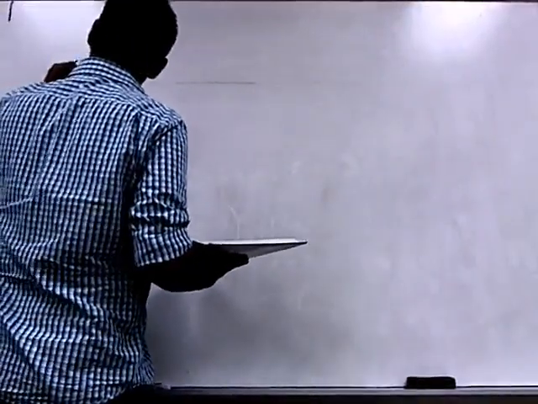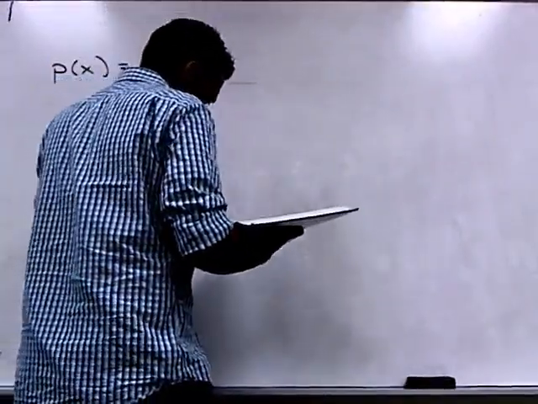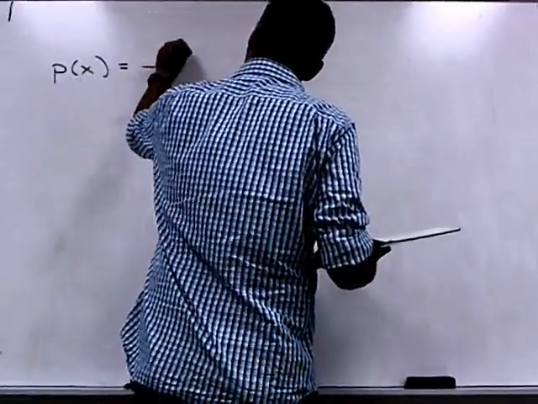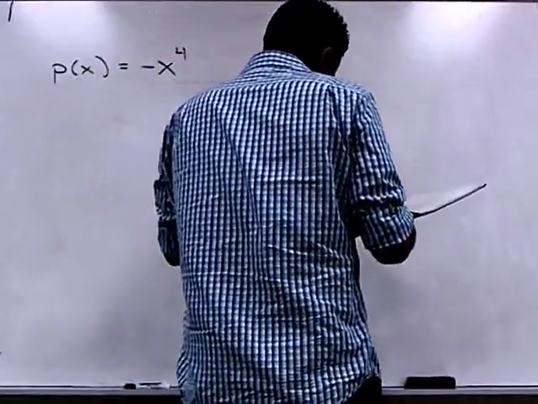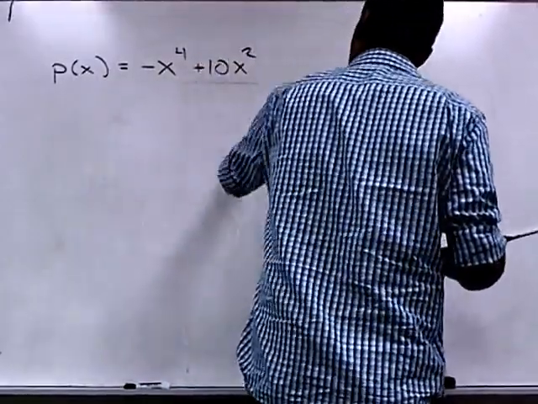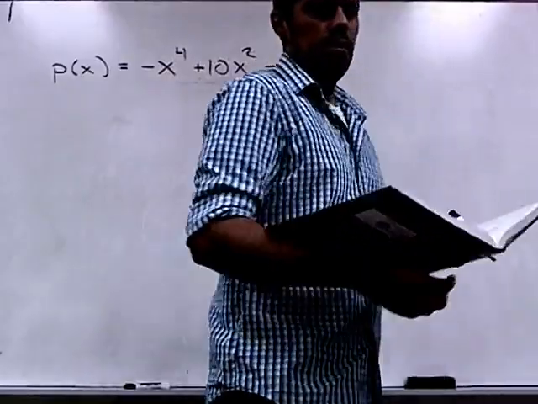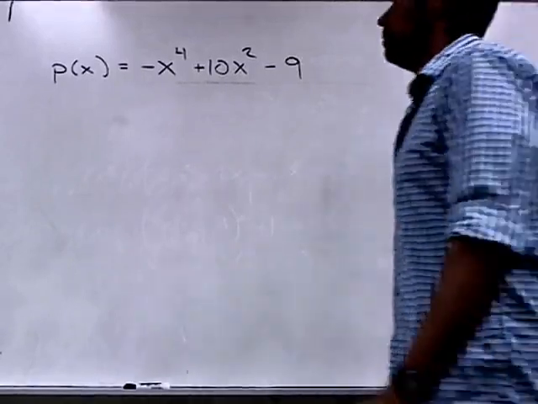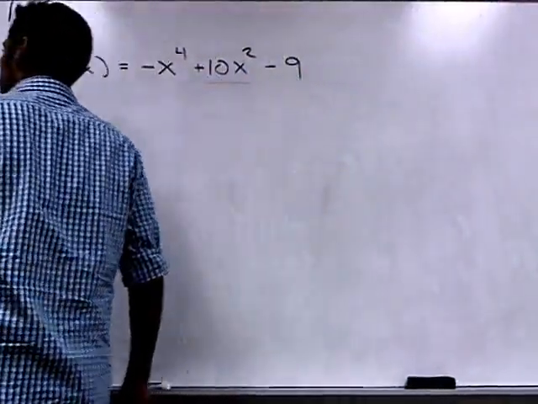We have p of x equals -x to the 4th plus 10x squared minus 9. All right, first step. What's our first step?